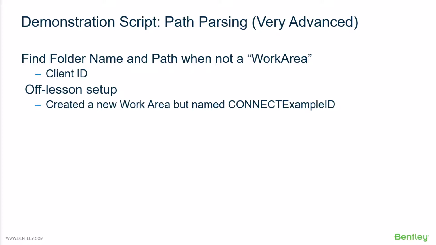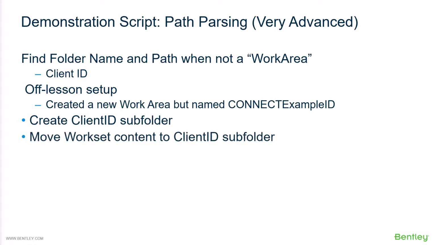For this demonstration, I did a little off-lesson setup. I created a new work area called Connect Example ID. In this demonstration, we will create a subfolder called Client ID. We will move the workset content to be under the Client ID folder.